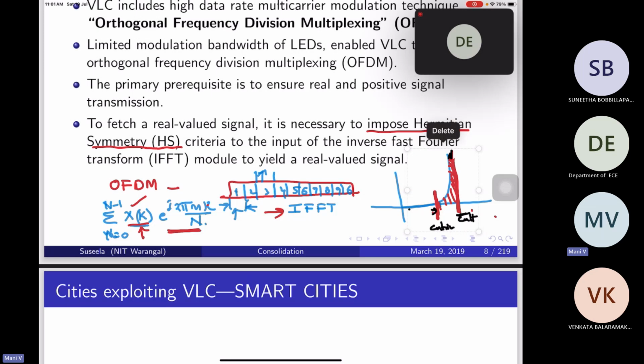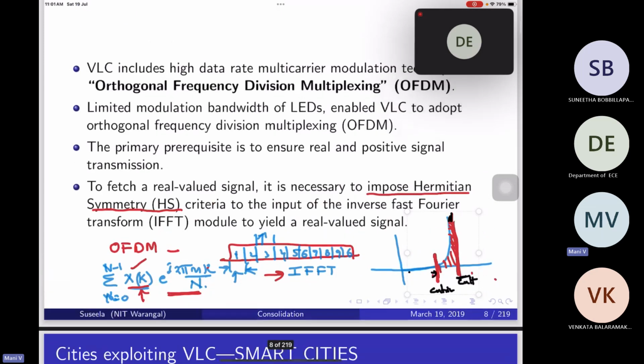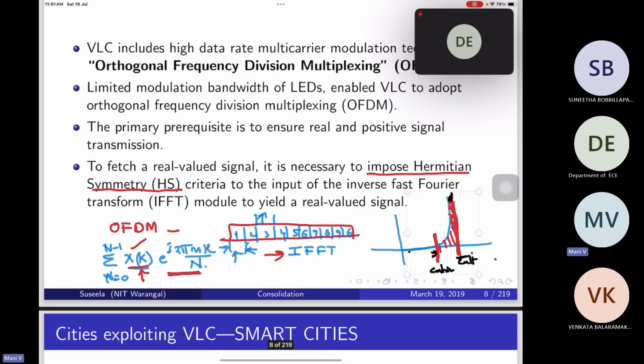We cannot accommodate every carrier into this cut-in and cut-off voltage region. So that is one of the limitations of visible light communication. This limited bandwidth also makes it hard to adopt orthogonal frequency division multiplexing, but we will see how to eliminate those shortcomings of the saturation region using some other techniques.